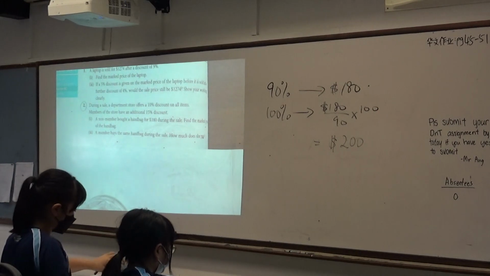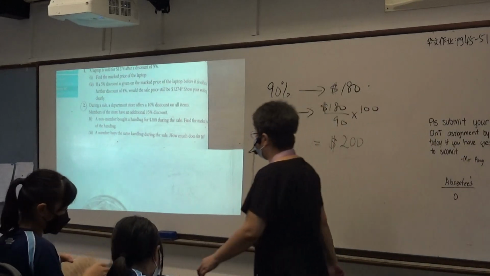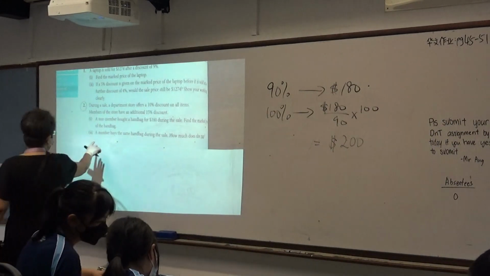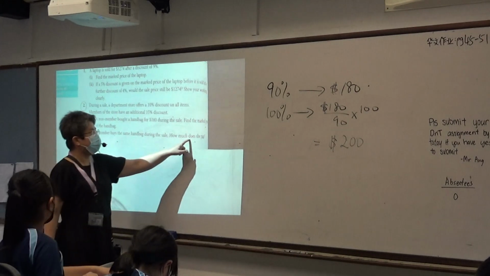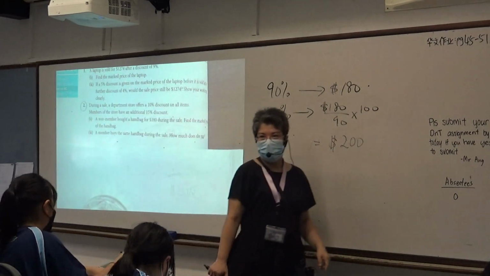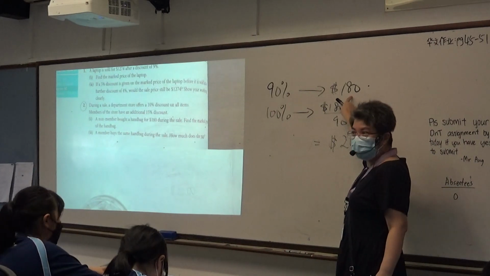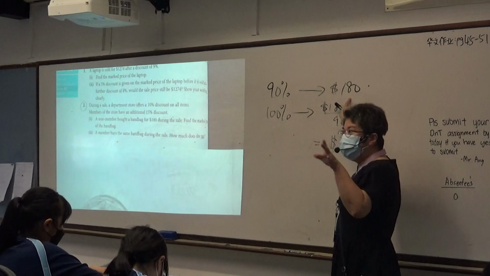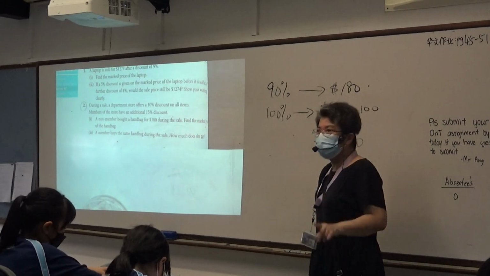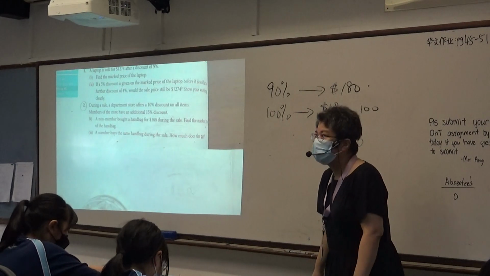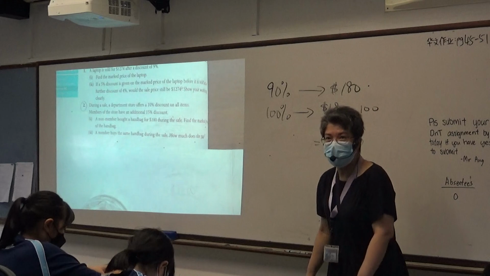Everybody clear? Okay, now then they ask you this second question. A member buys the same handbag during the sale. How much does she pay? That means this is 180 again. The member is given how many percent more? 15. So how many percent? 15% deducted, so 85% left. 85, right?